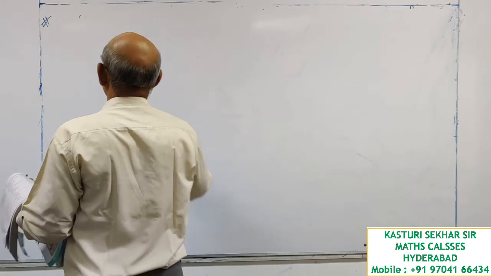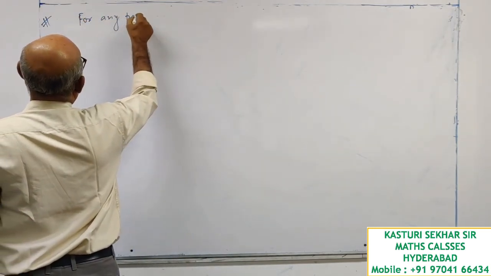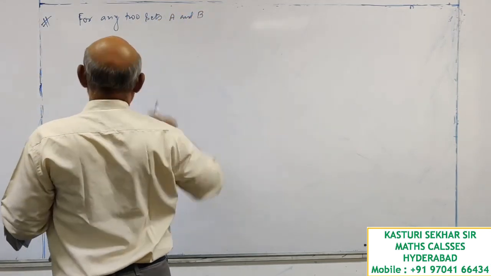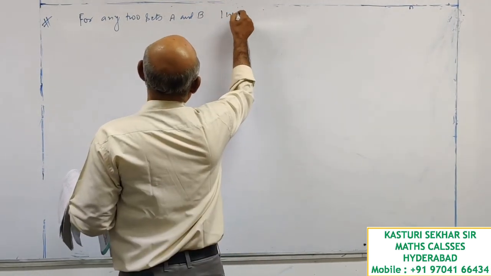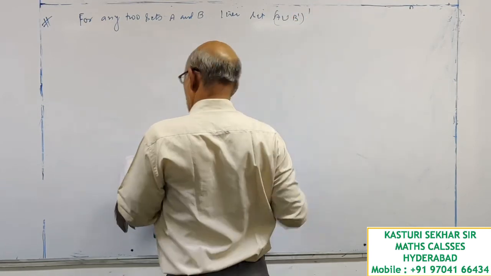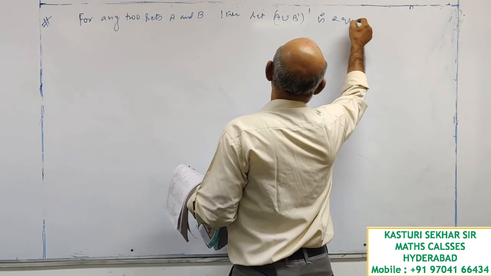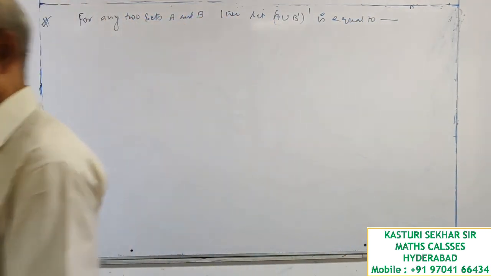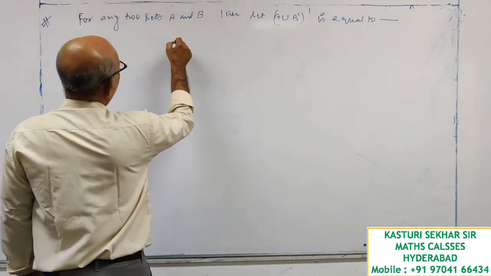Next question. For any two sets A and B, the set A union B complement whole complement is equal to? Once again a very simple question, sir.